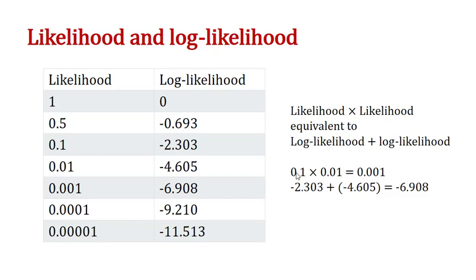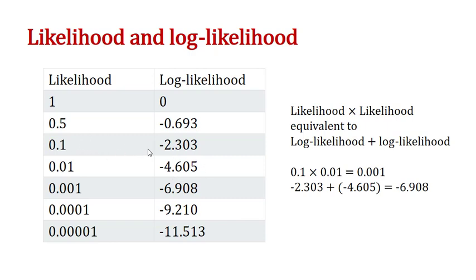Now remember, I told you that multiplying likelihoods is equivalent to adding log likelihoods. So if you see this case, if you multiply 0.1 times 0.01, then you obtain 0.001. Yeah, simple. Now let's add the equivalent log likelihoods.